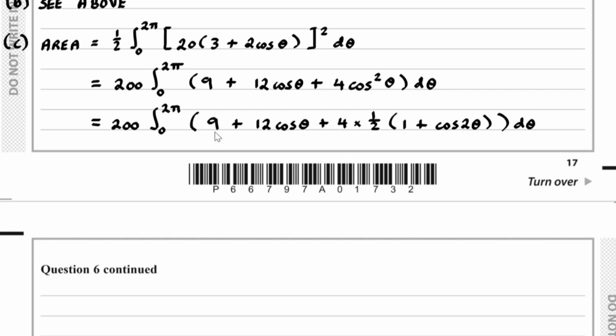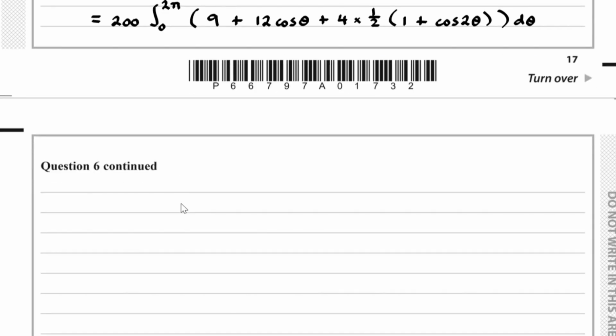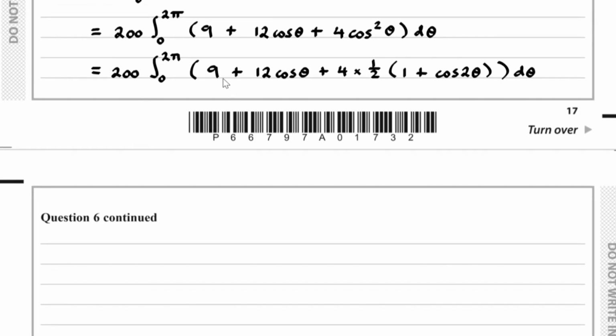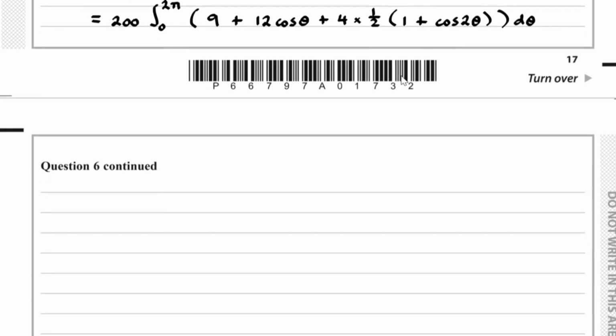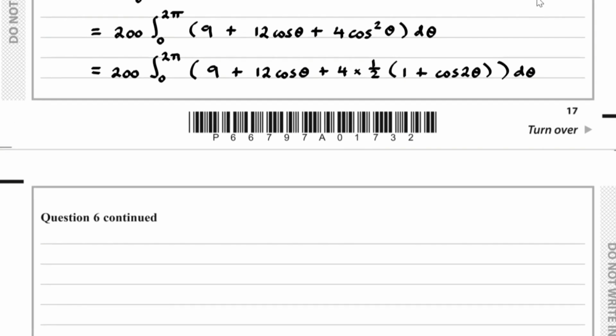So if I multiply the 200 into the bracket, we've got 200 times 9 plus 200 times 4 times 1/2 times 1, so the integral from 0 to 2 pi of 1800.